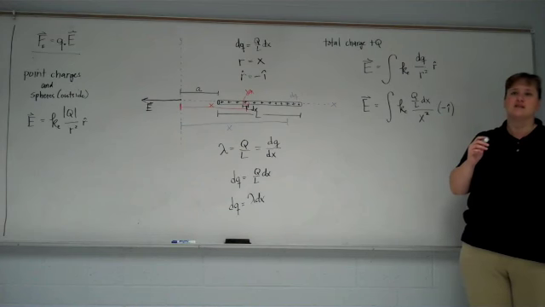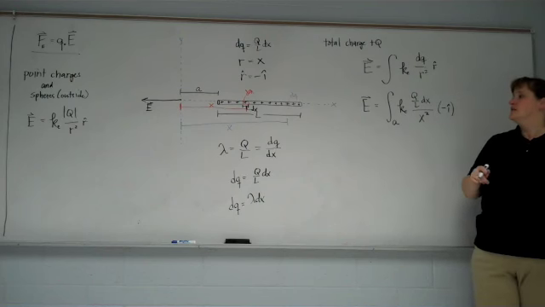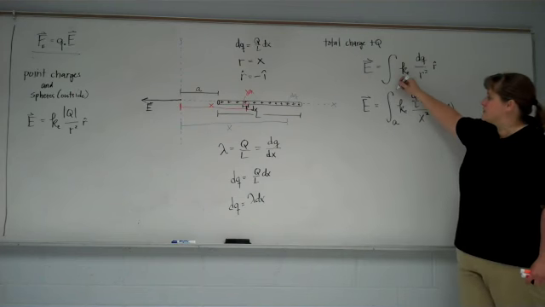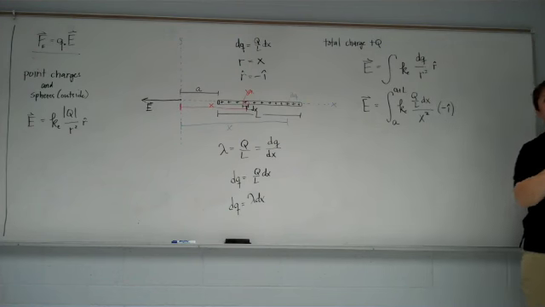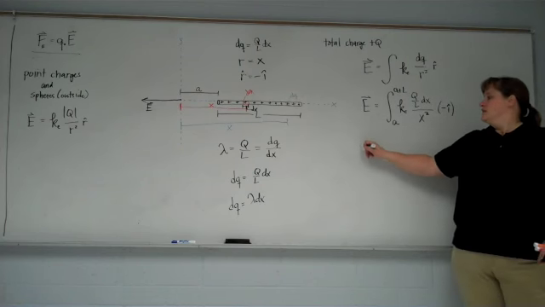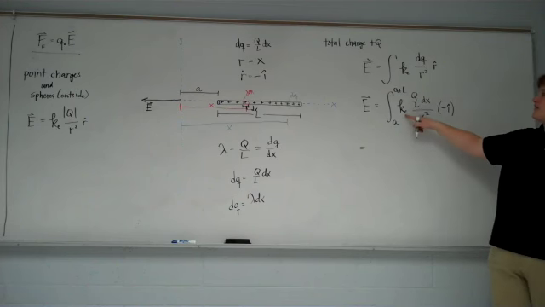Where does it start? At A. So our lower limit is A. Exactly. It ends down here at A plus L. So those are our limits. Our limits tell us where the charge is physically located. As with any other integral you've ever done, you pull out the constants.